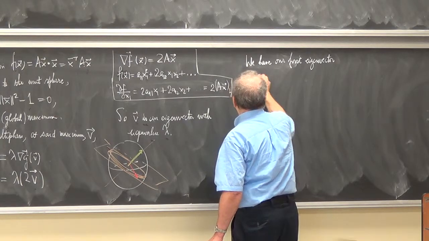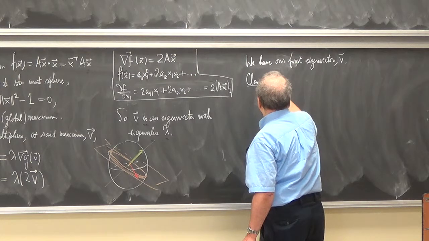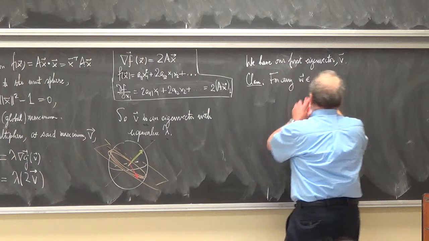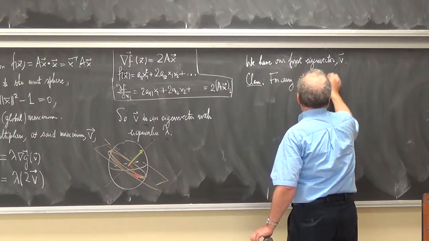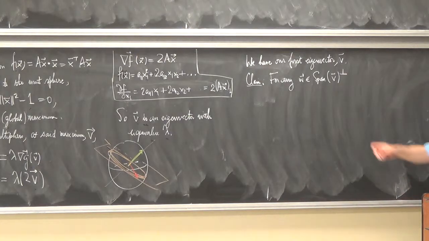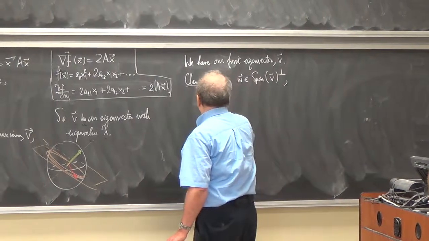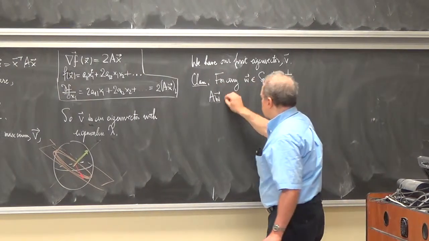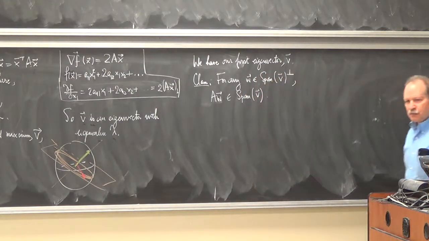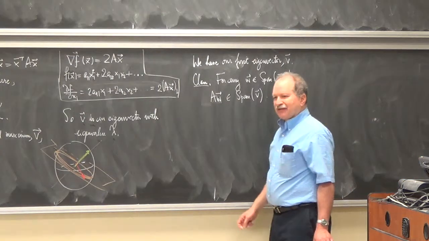Claim: for any W that's orthogonal to V, so you take any vector that's orthogonal to V, and you multiply A times it, it's also going to end up orthogonal to V. Why is that?